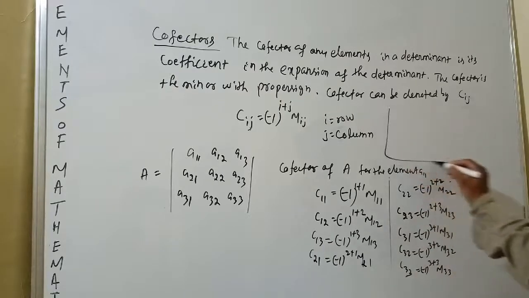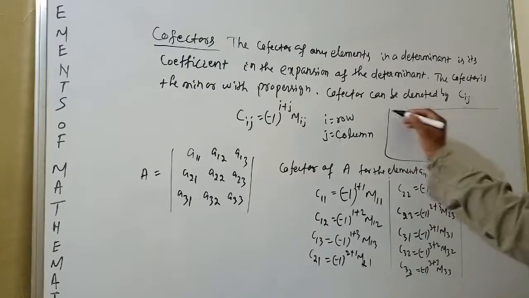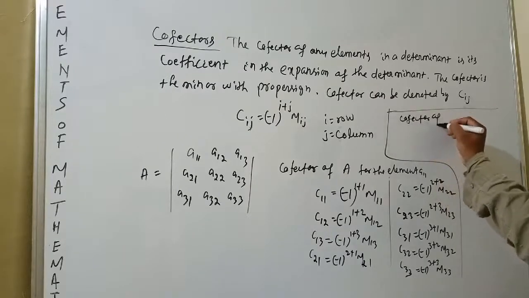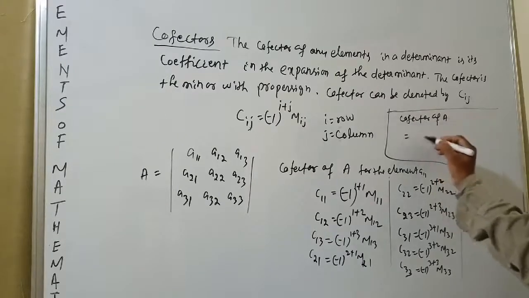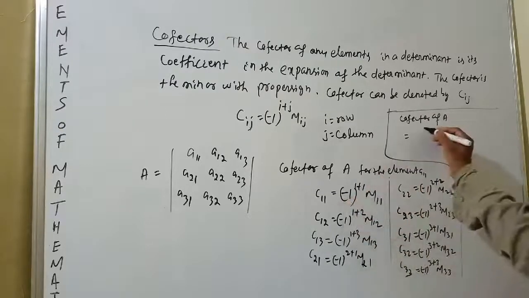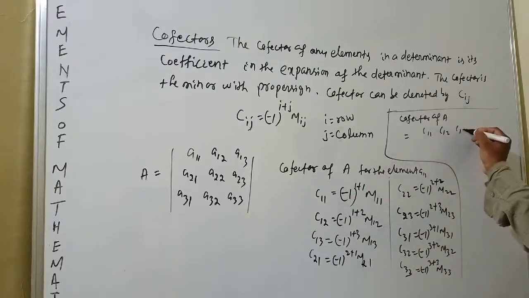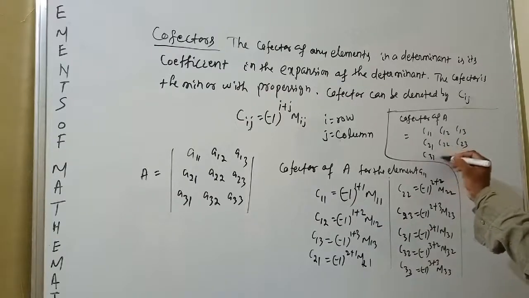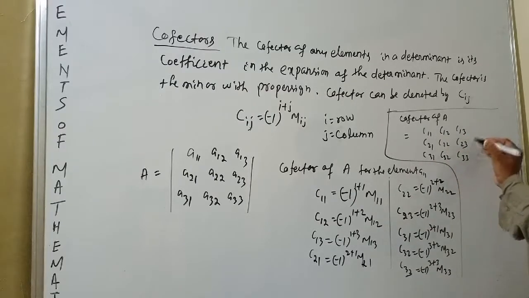That means finally we can write the cofactor of A is equal to C11, C12, C13, C21, C22, C23, C31, C32, C33.